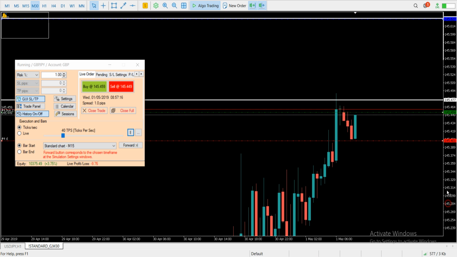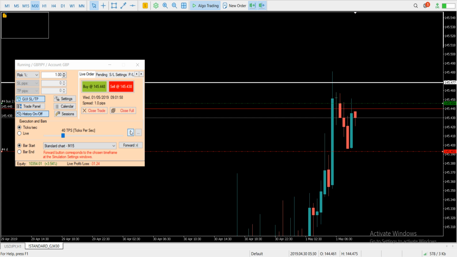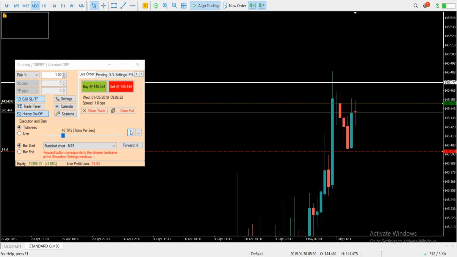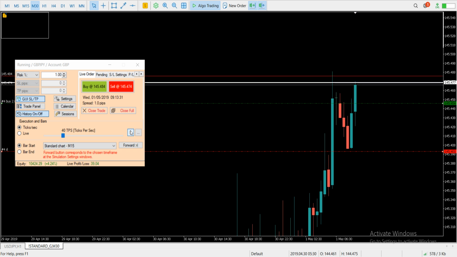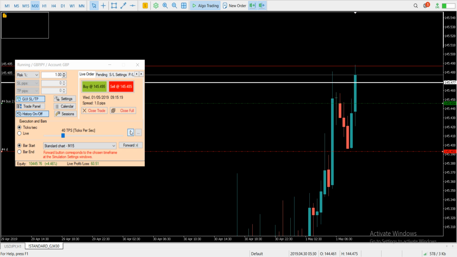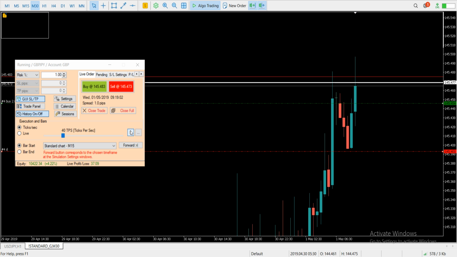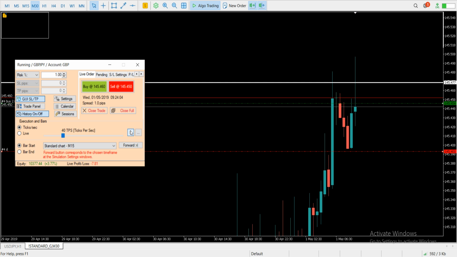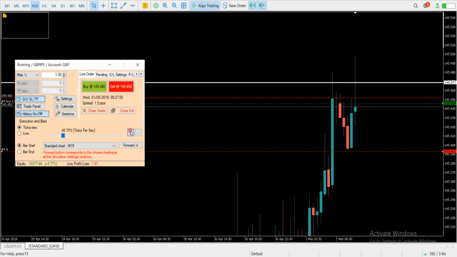Let's see whether this idea works or not. We closed bullish. We have 5 minutes left in this candle to close.